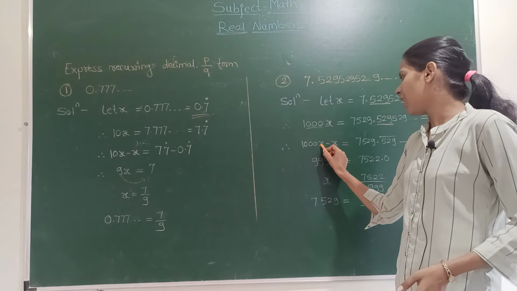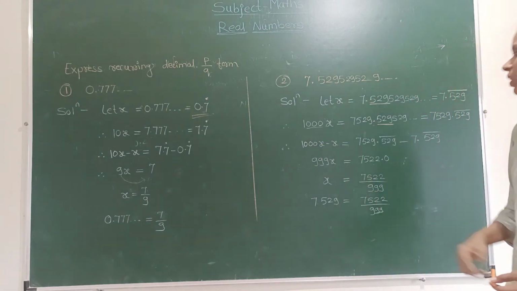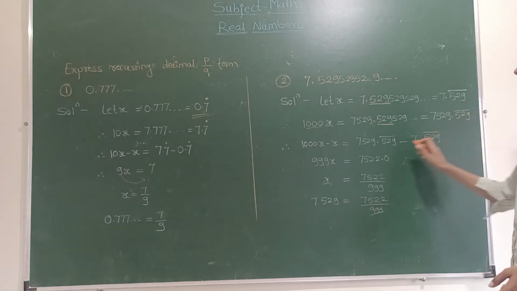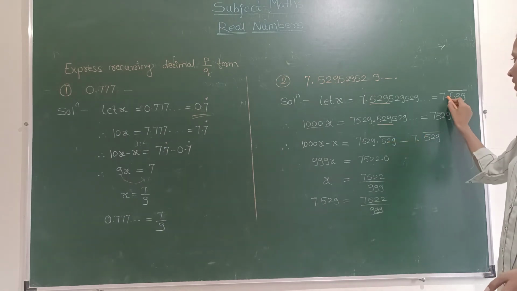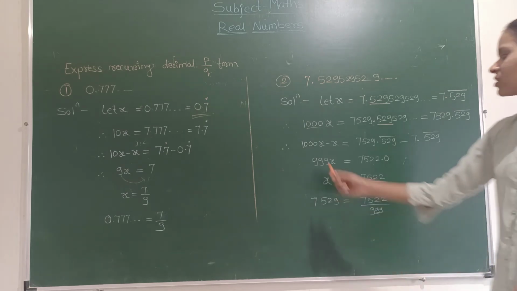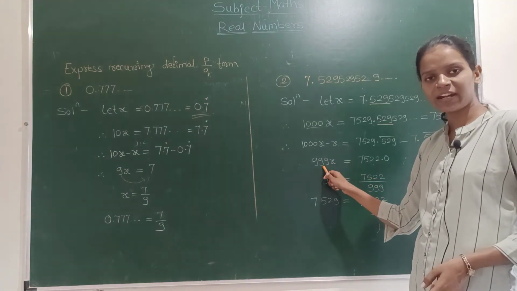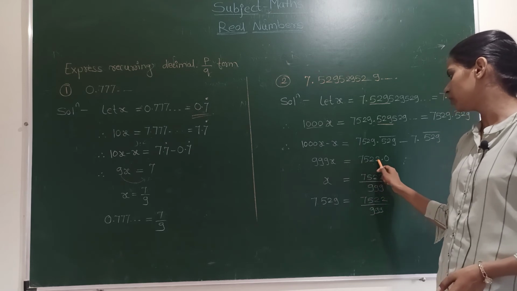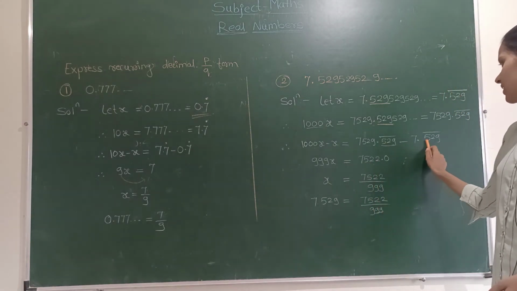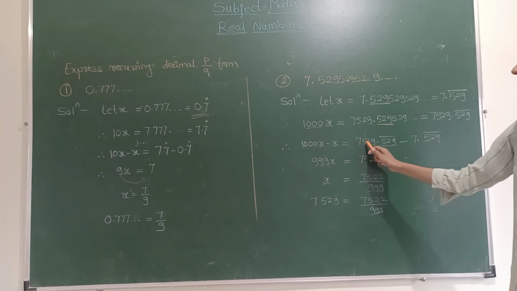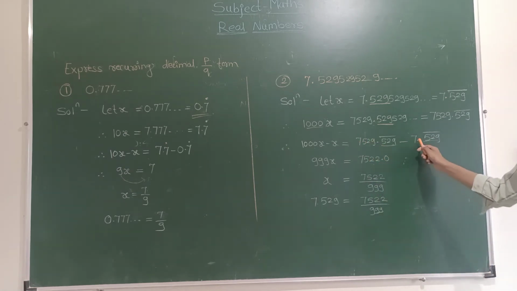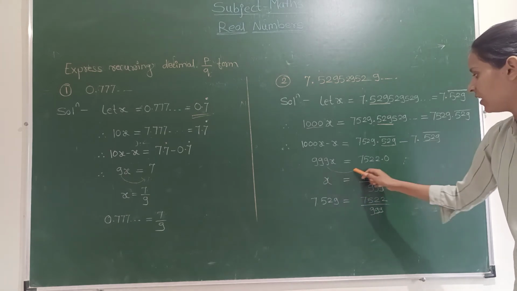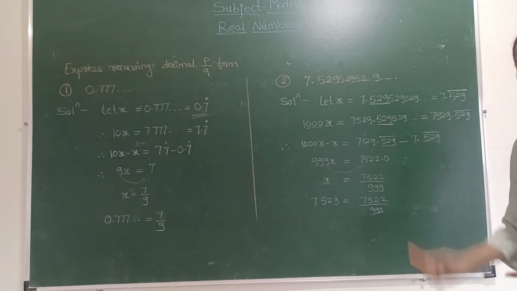After that, 1000x minus x is equal to, the value of 1000x is 7529.529 and the value of x is 7.529. So 1000x minus x is 999x, and 999x is equal to 7522, as the remaining term after subtracting is 7522. Then we have to find x, so 999 will come here and get divided.